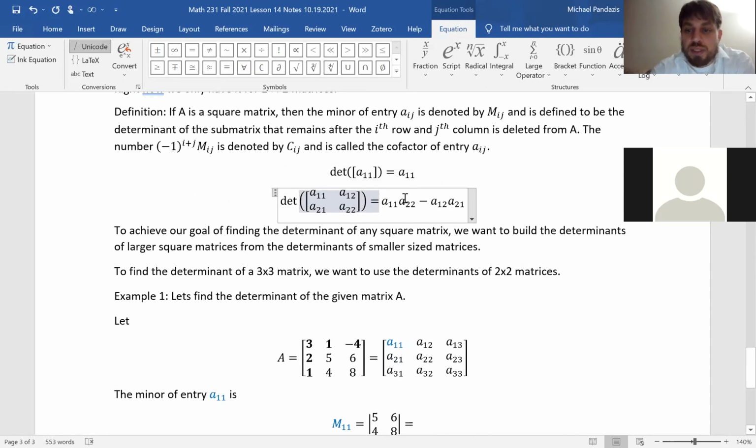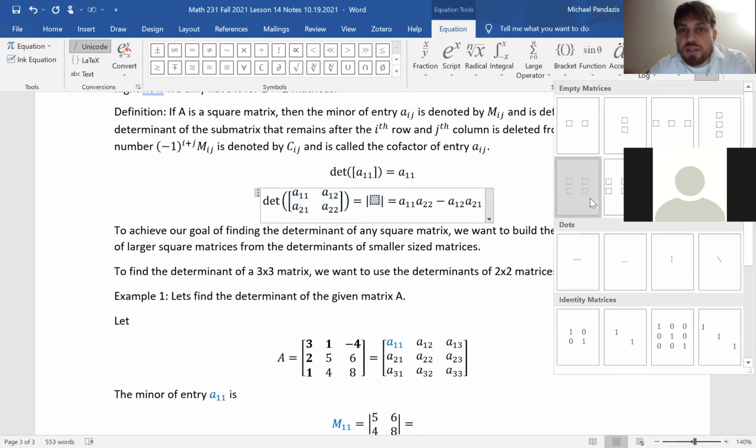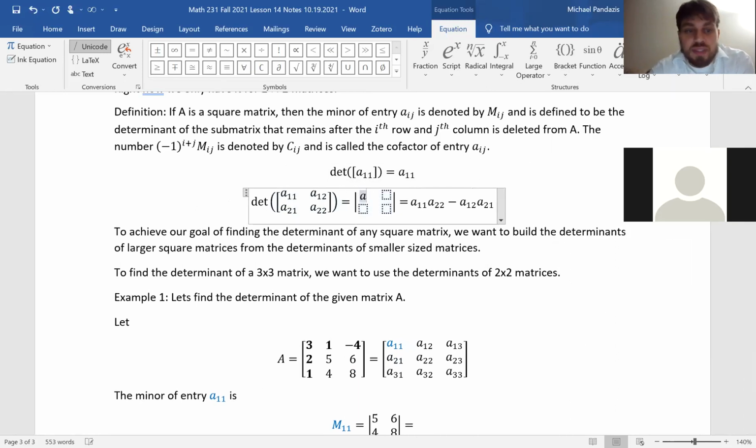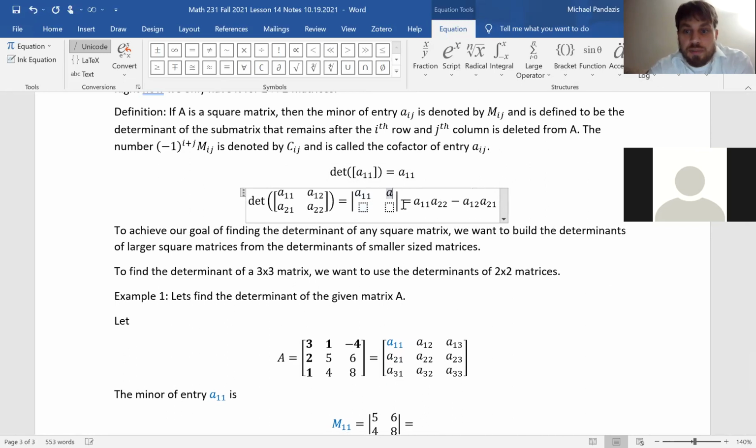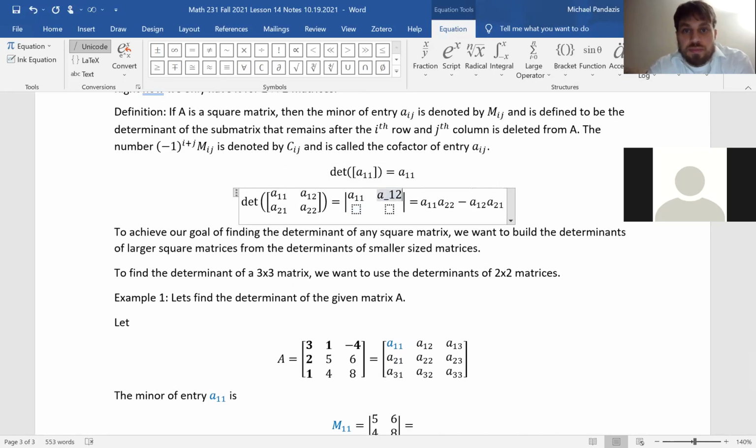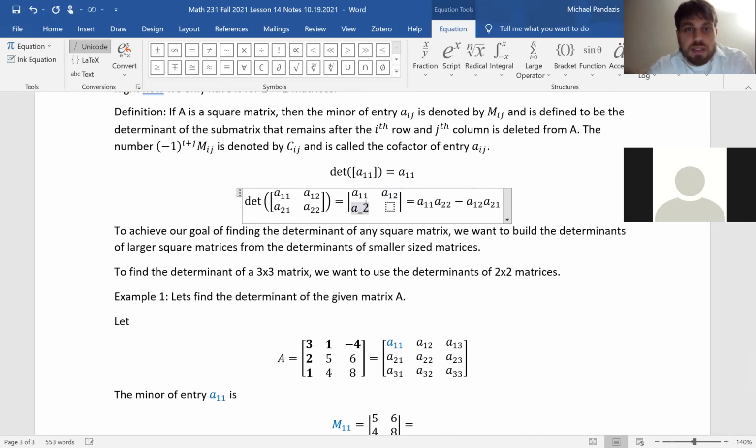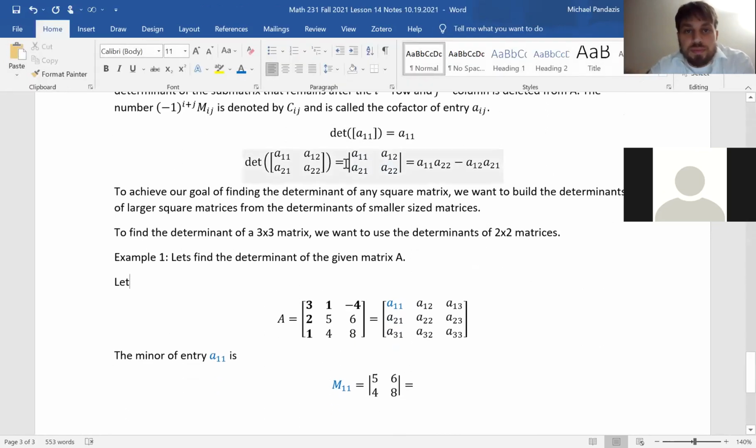And remember, for determinants we use this vertical line notation as an alternate notation for the determinant. So this is just another notation for the determinant of a matrix.